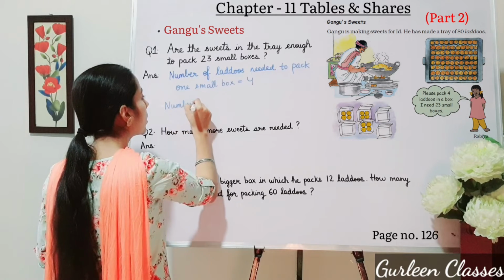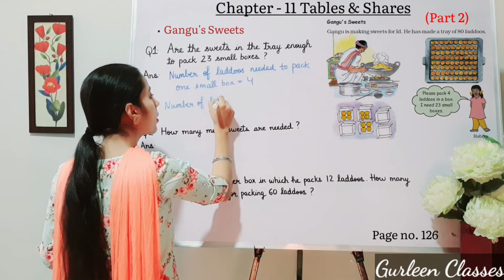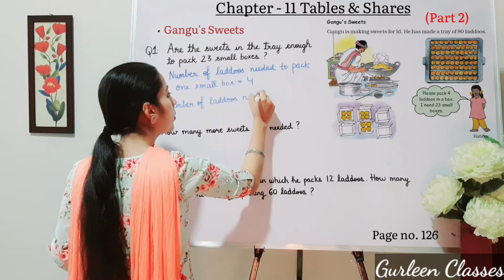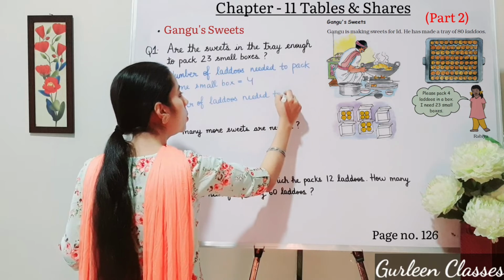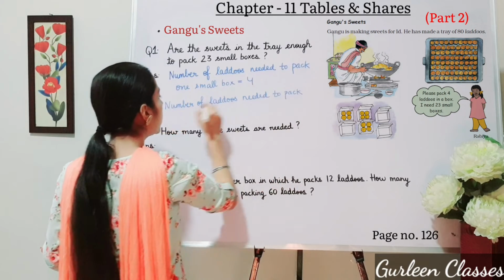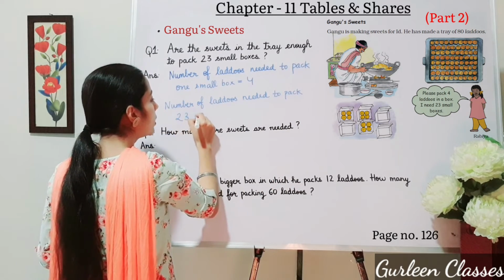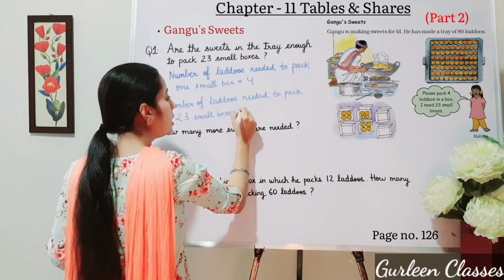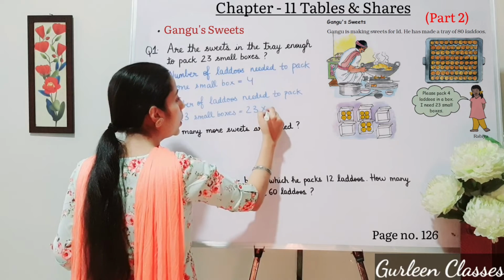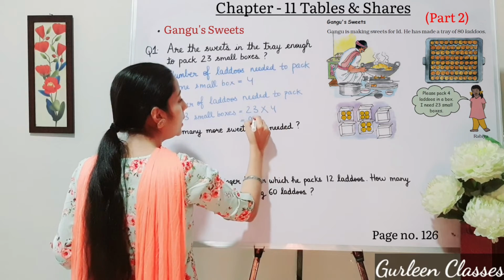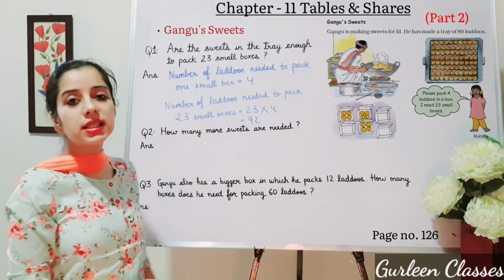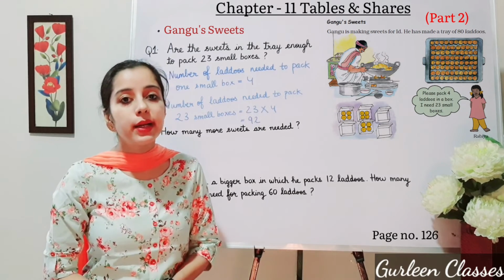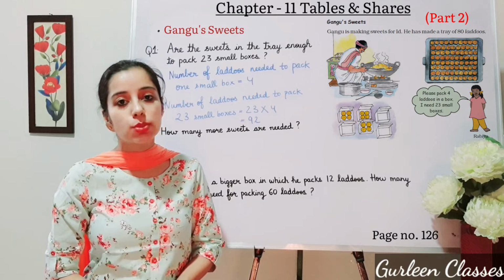Number of laddus needed to pack 23 small boxes is equal to 23 into 4, that is 92. So are the sweets in the tray sufficient? No, as we require 92 laddus to pack 23 small boxes.